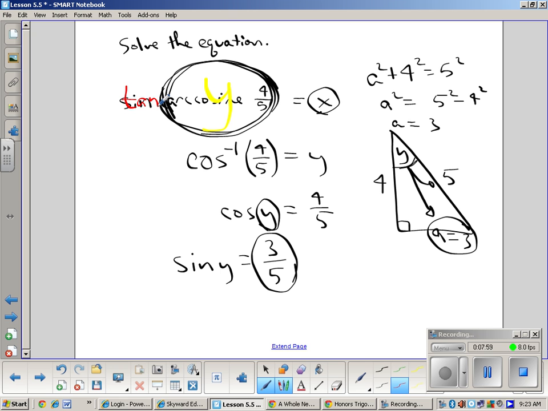So it'd be 5 over 3. So you see what I'm saying? I could put any trig ratio in there and ask you to find it. You would take the information of that arc cosine of 4/5 to draw your triangle and fill in the rest of the information to answer the question, to find the exact value. All right.